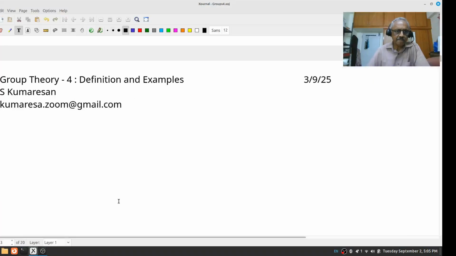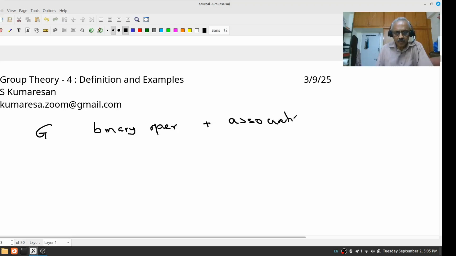So let us recall. G is a set on which there is a binary operation which is also associative. Then we call it a semigroup. If it also has an identity, then we call it a monoid.